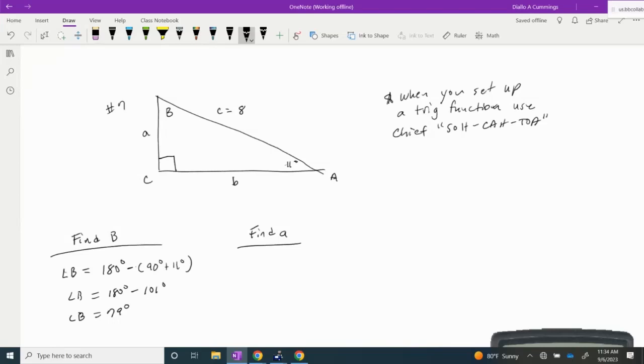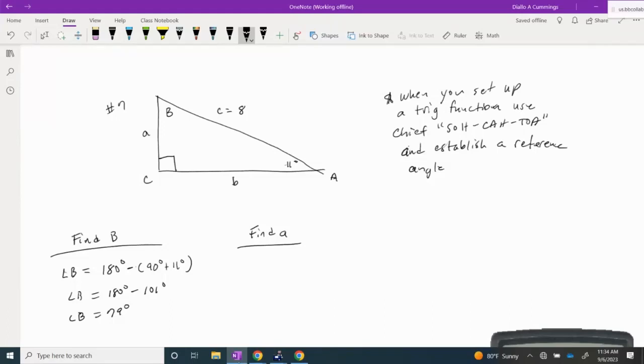So you want to use SOH-CAH-TOA, and you have to establish a reference angle. Right, so now we talked about a reference angle, and a reference angle is basically an acute angle. So you never use the 90-degree angle as your reference angle.